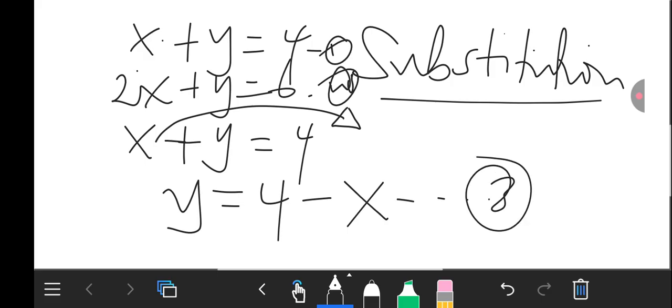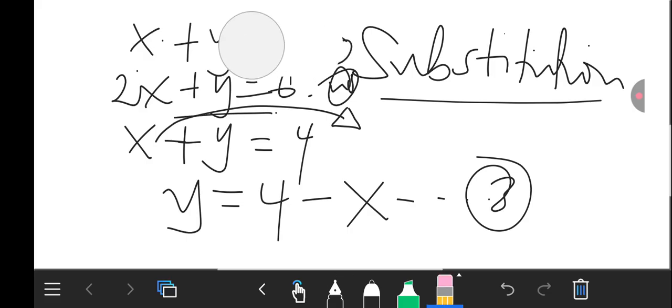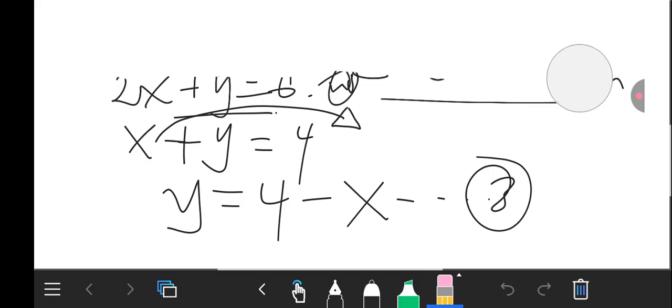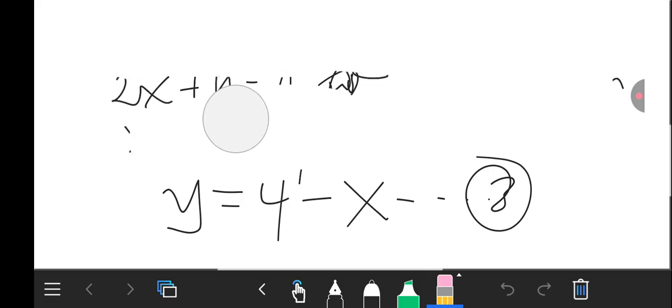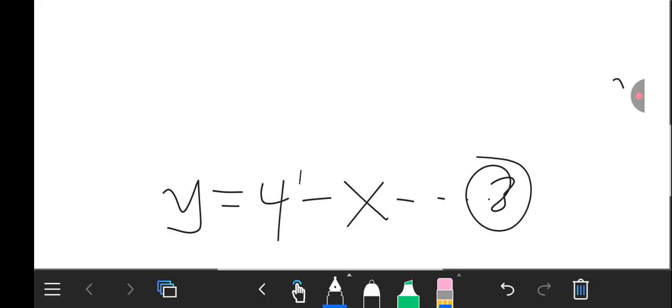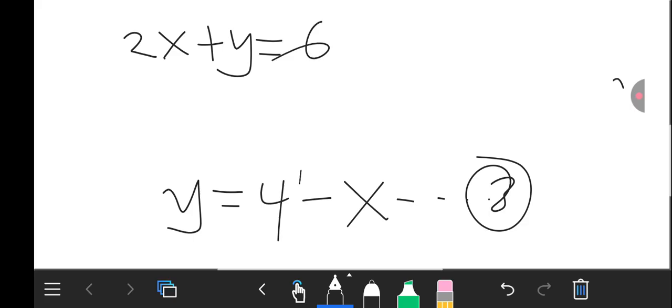Then we substitute this equation 3 into equation 2. So the equation 2 we have is 2x plus y is equal to 6. So how can you find the value of x?